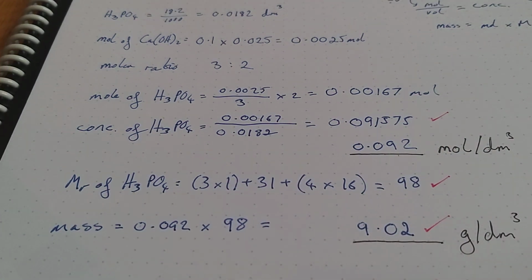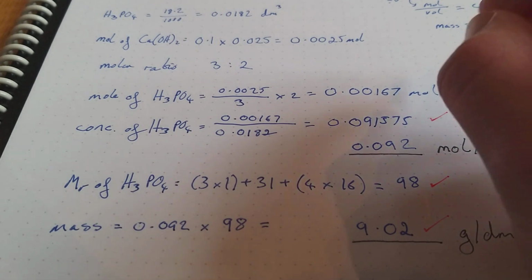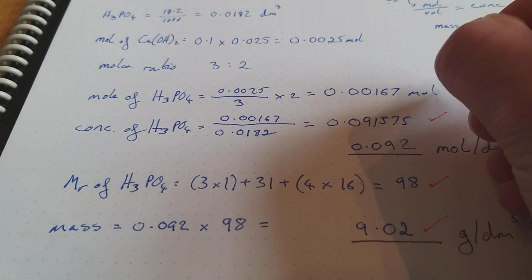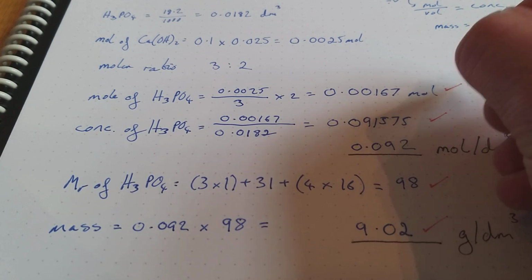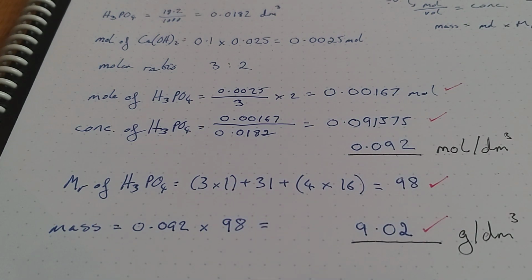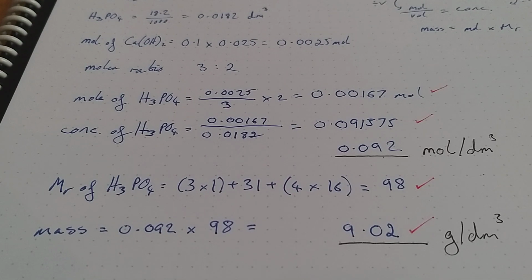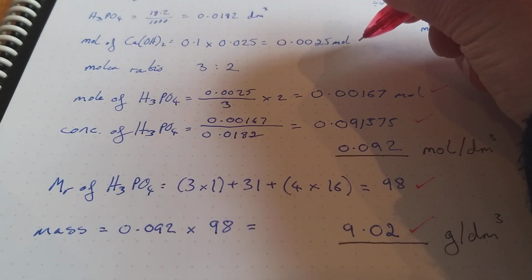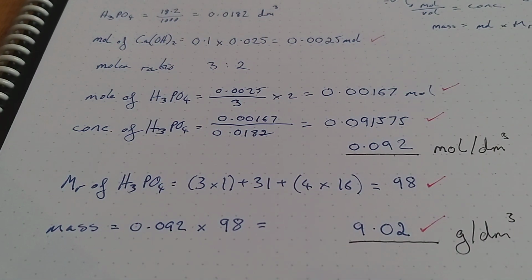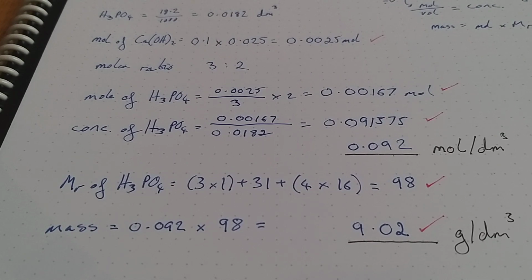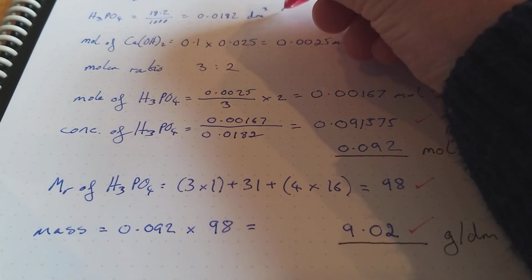You would get 1 mark for doing the correct ratio for the moles of calcium hydroxide to phosphoric acid. You would get 1 mark for doing the number of moles of calcium hydroxide. And you'll potentially get 1 mark for doing your unit conversions.